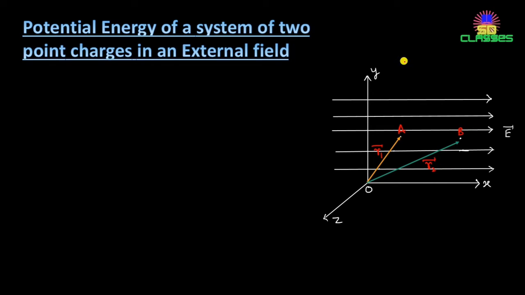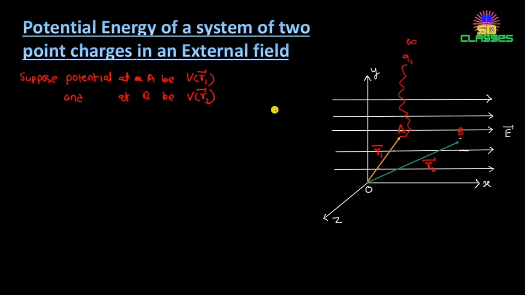Now you want to bring a charge q1 first from infinity to the point A. Suppose the potential at A is V(r1), and at point B it is V(r2).